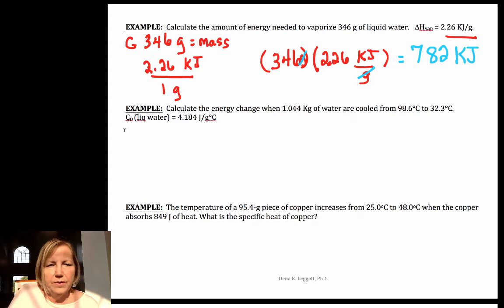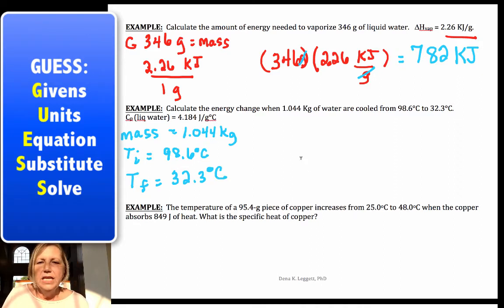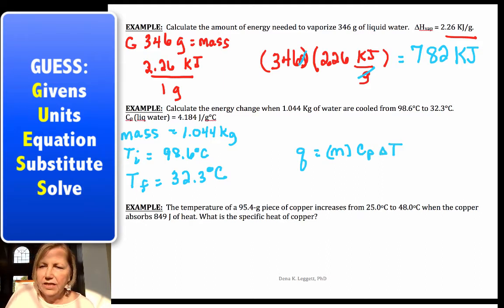Now let's take a look at this one. I have a mass equal to 1.044 kilograms. I have an initial temperature equal to 98.6 degrees Celsius, and I have a final temperature equal to 32.3 degrees Celsius. Now, my formula is MCAT, so Q is equal to my mass times my heat capacity times my delta T. So those are our givens.